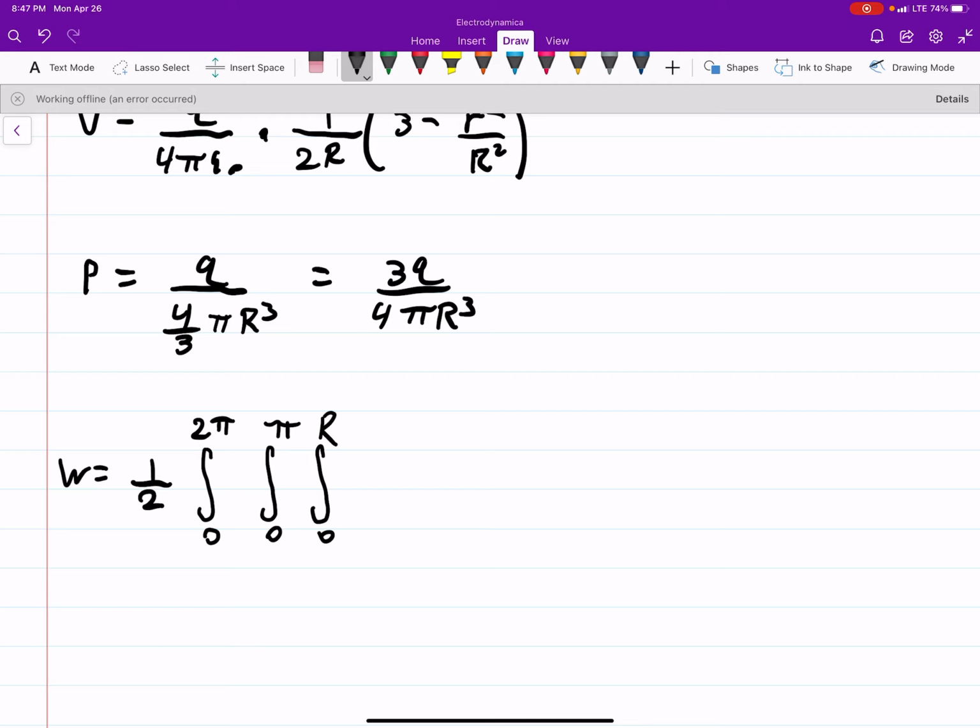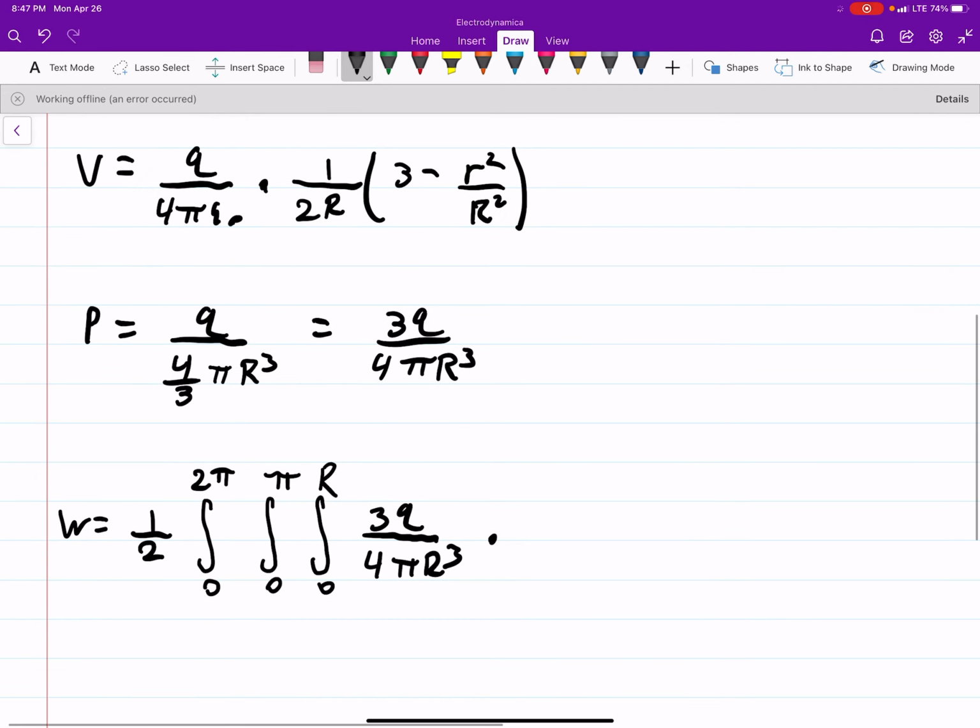And what do we have? Well, our rho, 3Q over 4 pi R cubed, times your potential, which I'm going to simplify by multiplying the 4 and the 2 together.